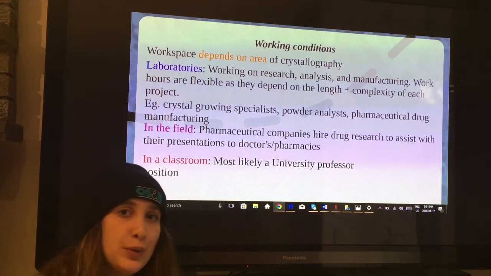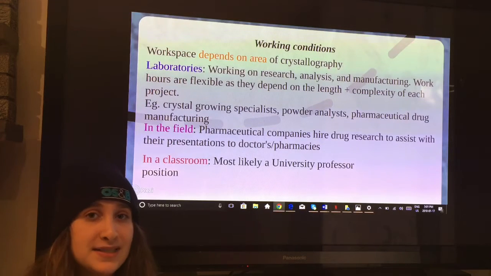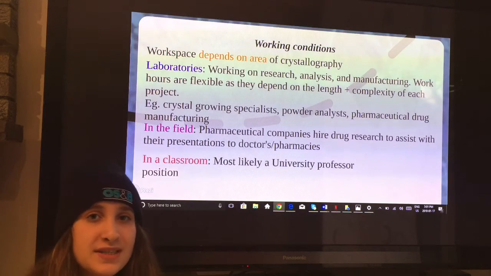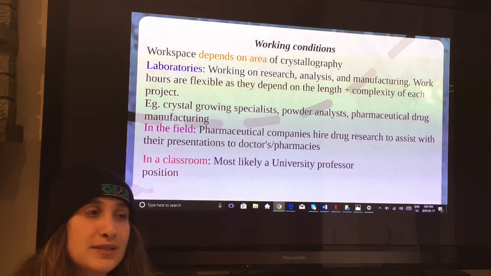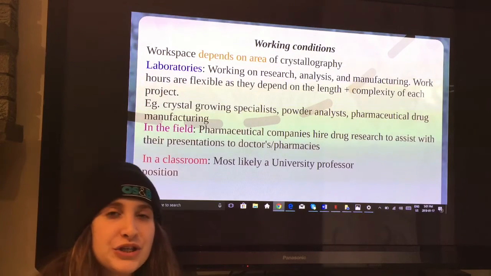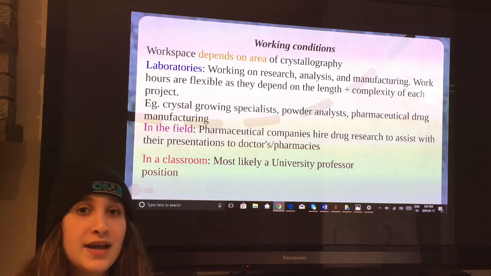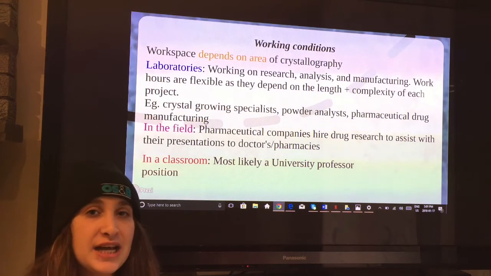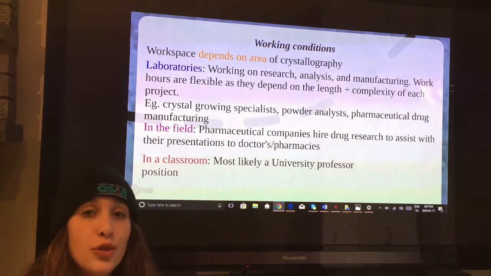It can be 1, it can be 2, it can be 3, where you're going to different companies and giving presentations on your services or products. And then finally, there is being in a classroom, which would be most likely if you have a PhD and you are a university professor. This would be the most regular job, kind of a 9-to-5 job where you would be teaching classes throughout the week and then possibly night classes on the weekend.